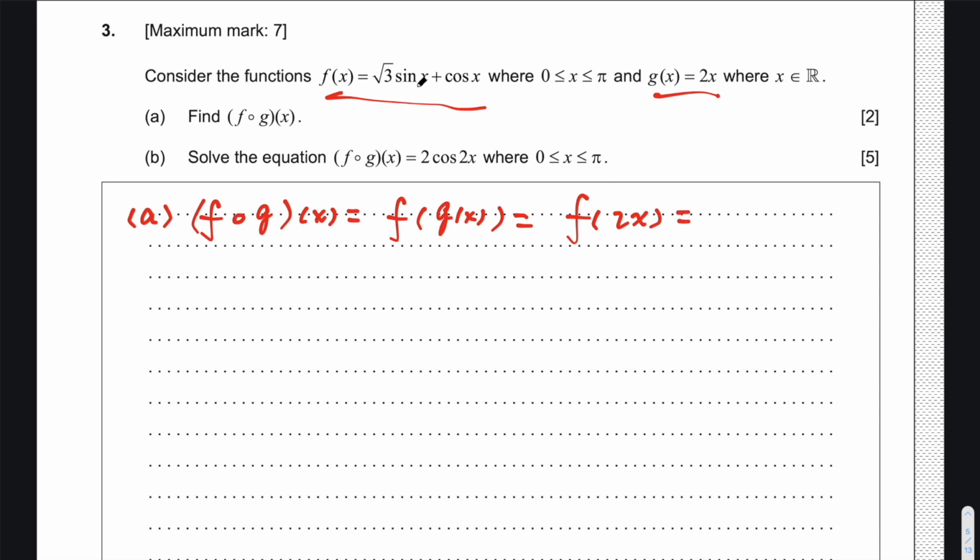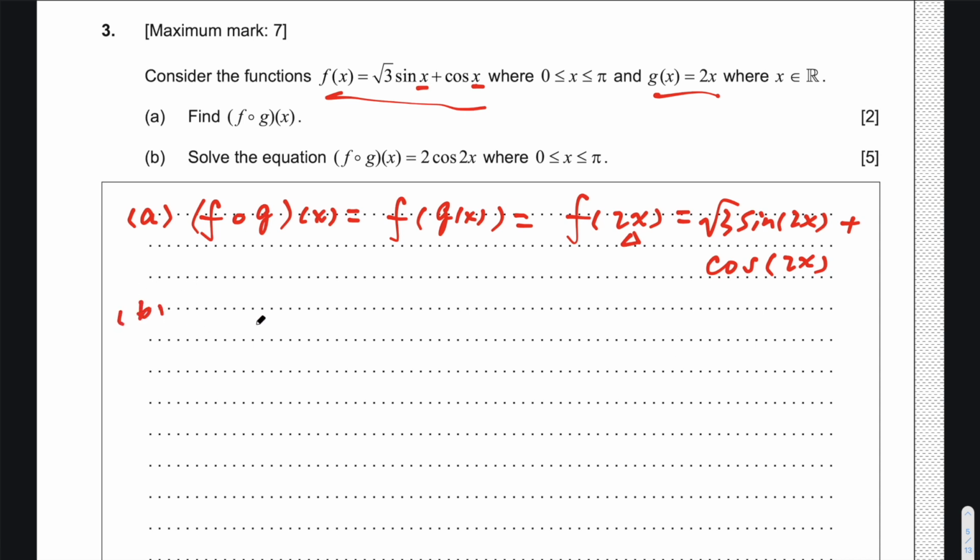We just substitute every x with 2x, then we get root 3 sine of 2x, plus cos of 2x. Okay, so that's for part A.